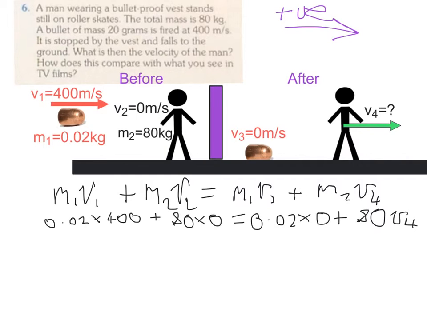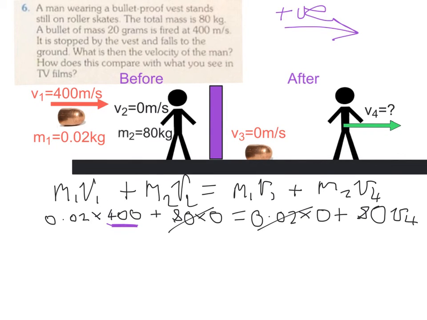So there are two momentum values here that are nothing. That one's nothing and that one's nothing. So we need to do 0.02 times 400, and that's equal to 80 v4. Just need to also recognise that we were taking this 400 to be positive, so there is a direction thing in here. This points to the right.